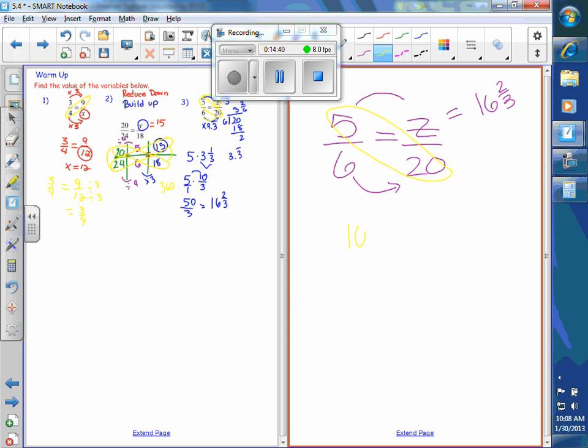So that's 100. 5 times 20 is 100. So 100 is equal to 6z. So if I divide by 6, remember that's the same as 50 divided by 3, isn't it? Which is 16 and 2/3.